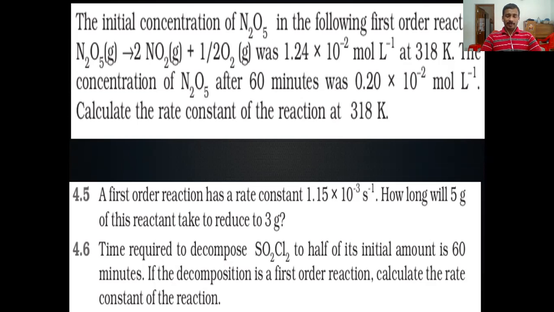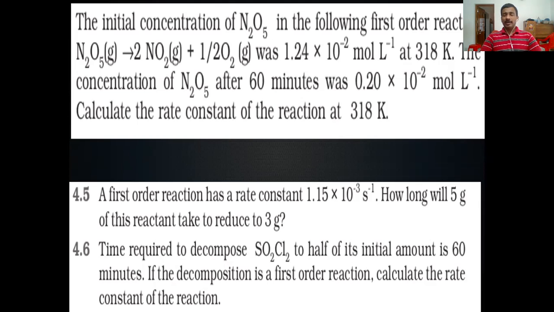Now for number 6, that is a simple question. Time required to decompose SO2Cl2 to half of its initial amount is 60 minutes. Means t half is equal to 60 minutes. Right, t half is equal to 60 minutes. What you have to find out? If the decomposition is a first order reaction, calculate the rate constant of the reaction. You have to find out k.